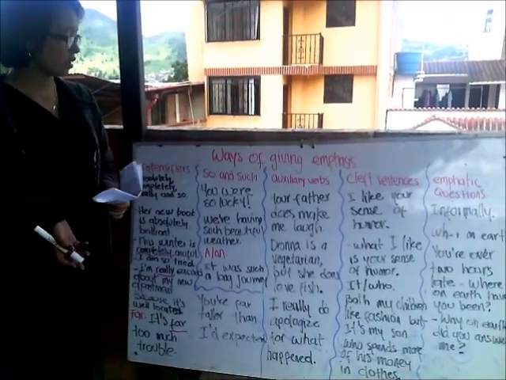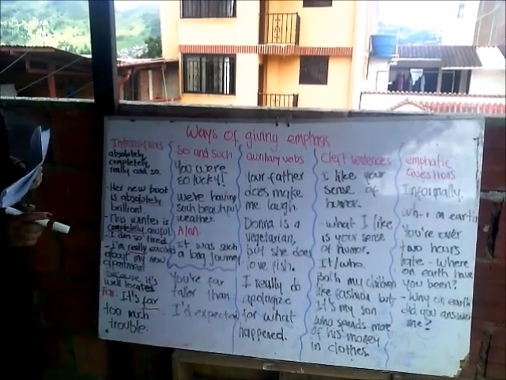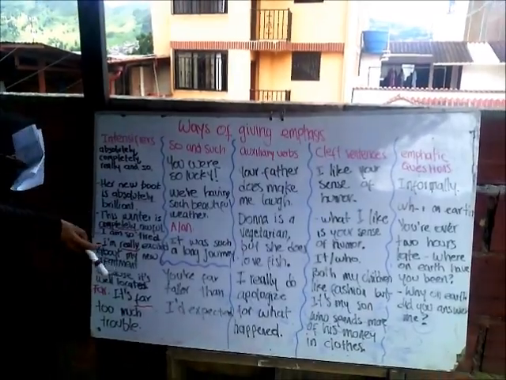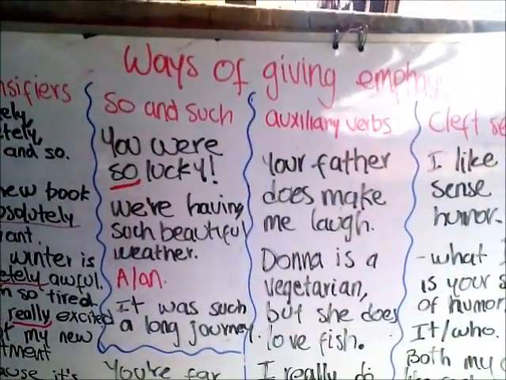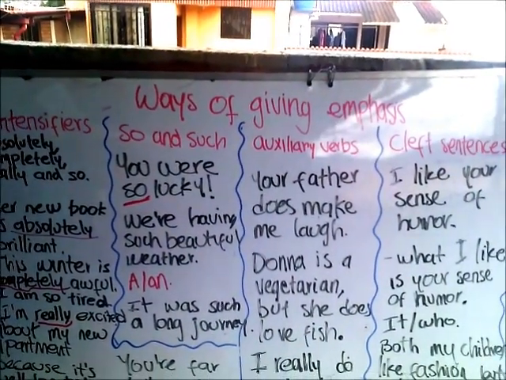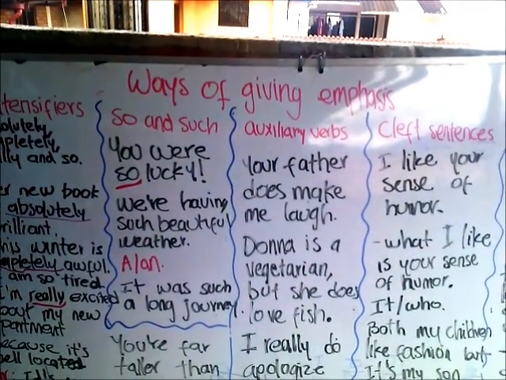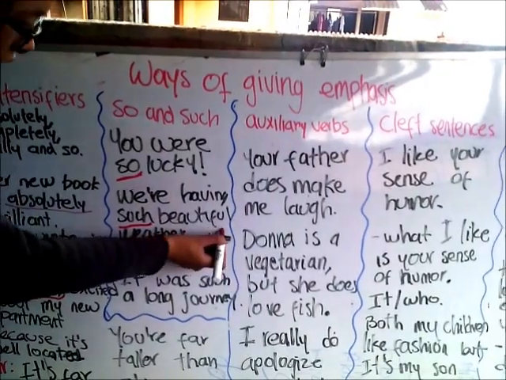We also have so and such. So is used before adjectives to intensify them. For example, you were so lucky. And such is used before an adjective plus a noun. For example, we're having such beautiful weather.